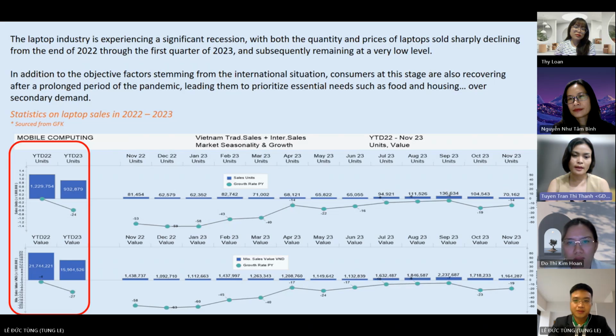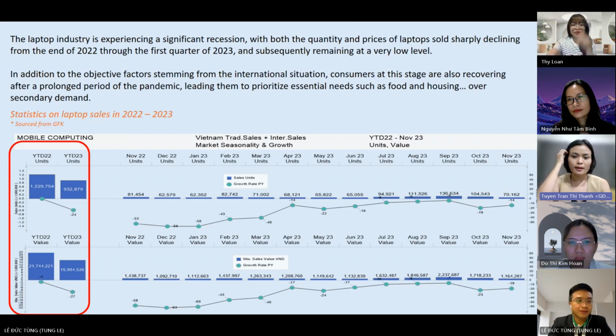We can see in the line chart, the laptop industry is experiencing a significant recession, with both the quantity and the price of laptops sharply declining from the end of 2022 through the fourth quarter of 2023, and subsequently remaining at a very low level.